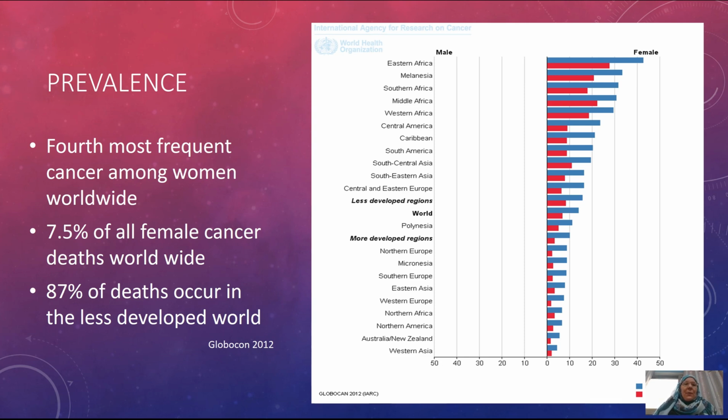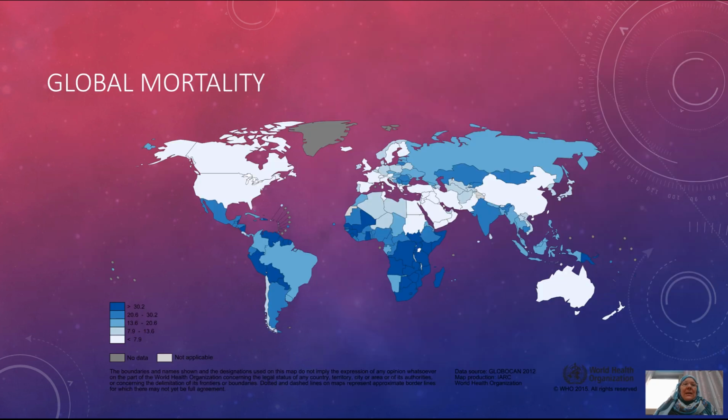We can see that it is the fourth most frequent cause of cancer among women worldwide. It also causes 7.5% of cancer deaths worldwide, and 87% of those occur in low and middle income countries. You can see it on this graph, where the red bars show mortality and the blue bars show the incidence of cervical cancer, and these are much higher in low and middle income countries.